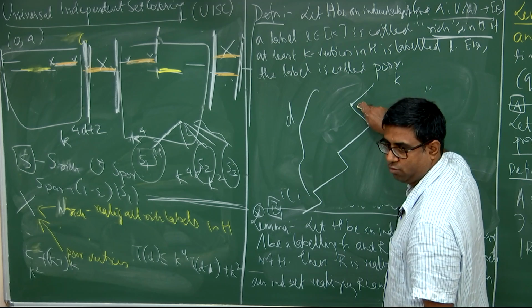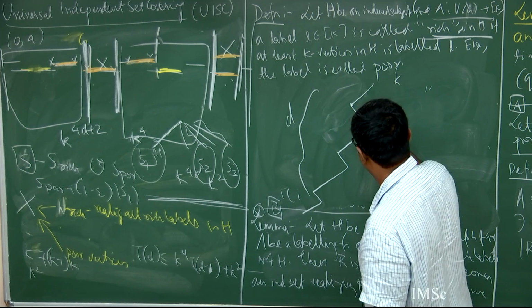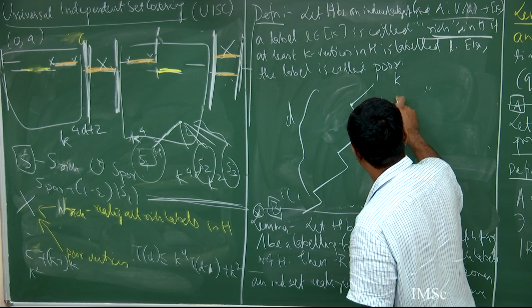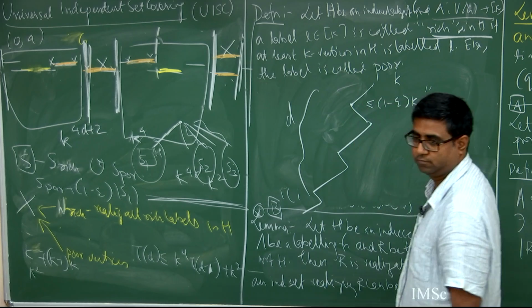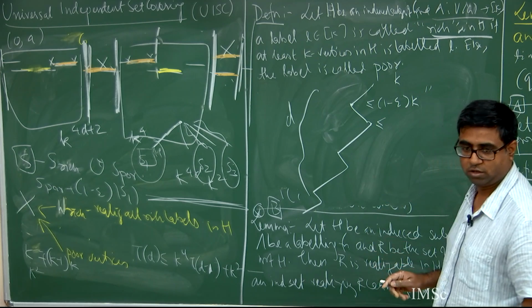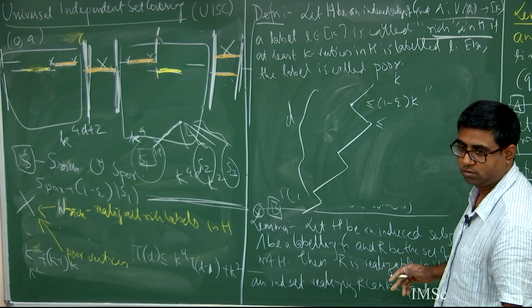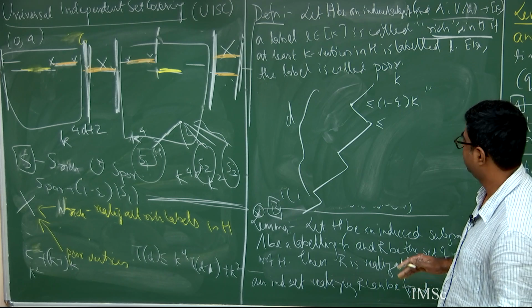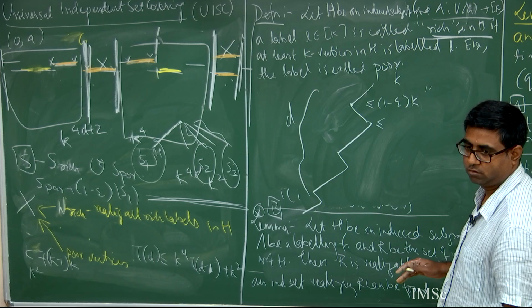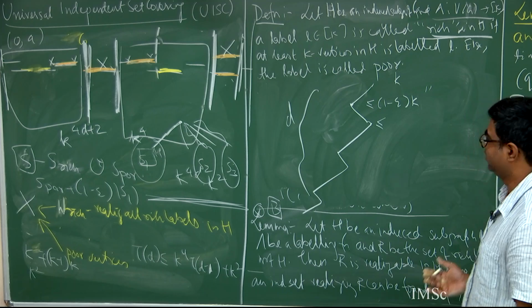I reached here because the number of rich labels here is less than or equal to 1 minus epsilon times k. It doesn't matter, we are just doing a very rough computation, strictly less.